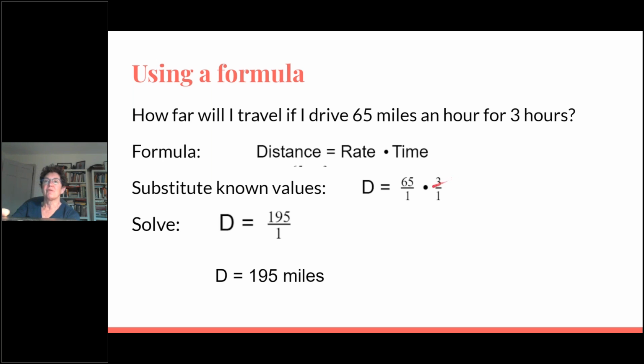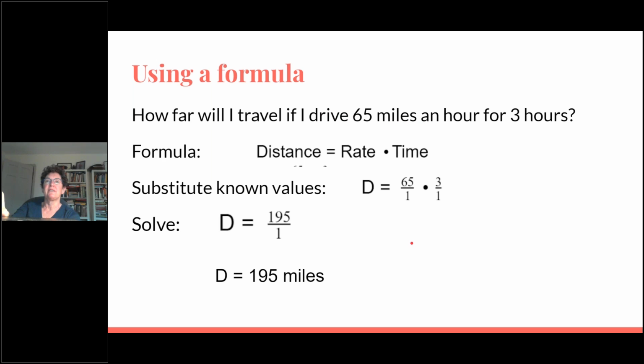So hours divided by hours equals 1. That unit rate divided by itself equals 1, and that leaves us with miles right here. That's where miles comes from. But you can also intuit that because it's asking how far, you know that your answer will be in a unit of distance, and miles is a unit of distance used in this problem.